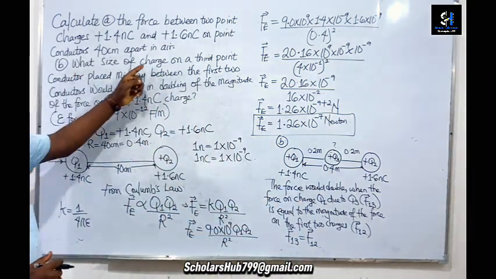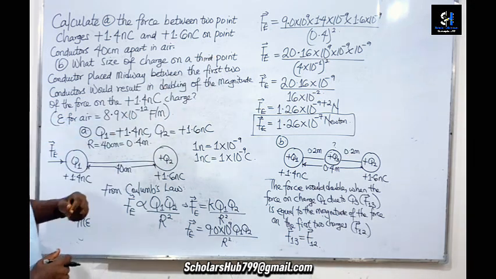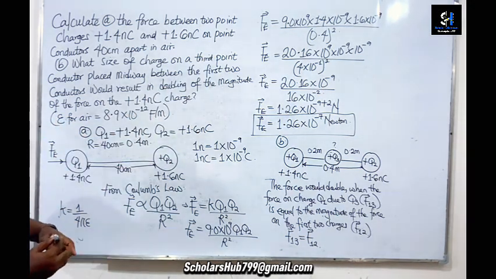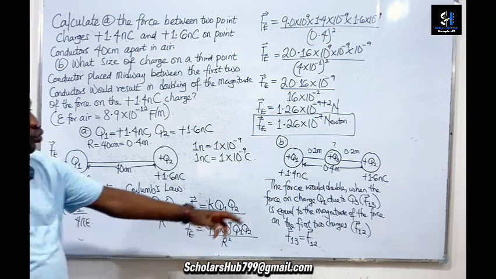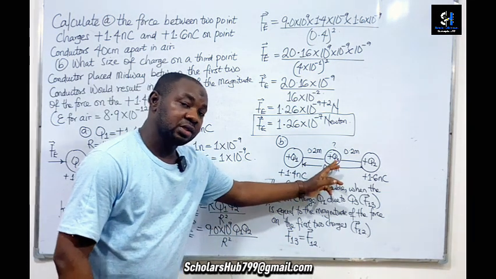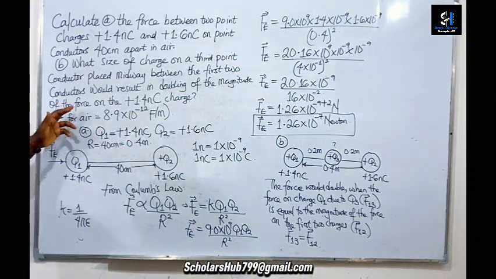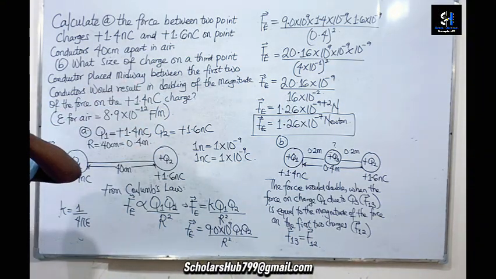The question is, what size of charge on a third point conductor placed midway between the first two conductors would result in doubling of the magnitude of the force on the positive 1.4 nanocoulomb charge?